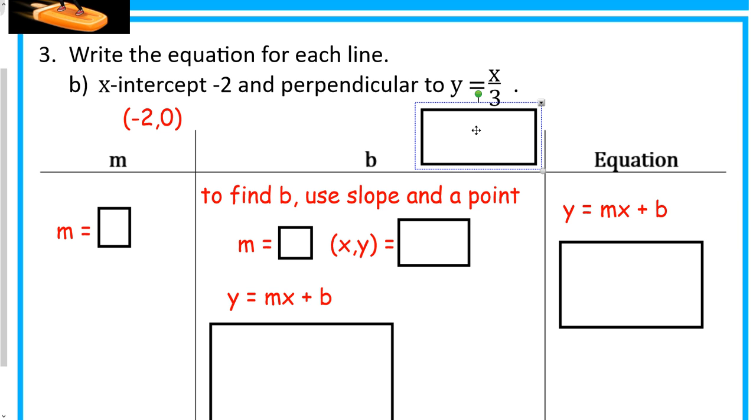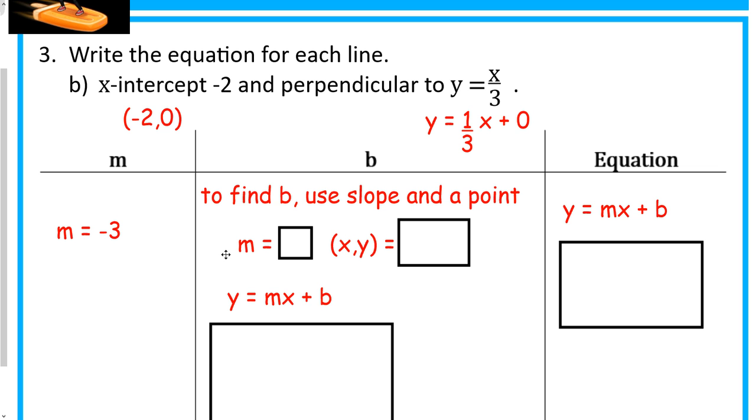Another way of writing that line would be 1 over 3x plus 0. If it's perpendicular to that line, the slope has to be the negative reciprocal of 1 over 3. Negative reciprocal of 1 over 3 would be 3 over 1, and then make it negative. All right, switch the sign.